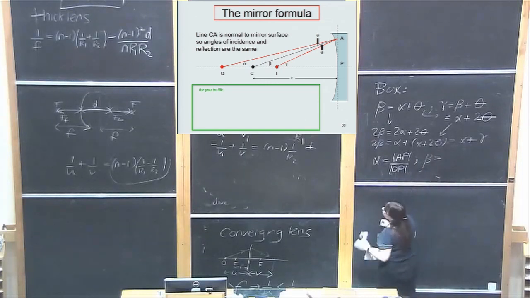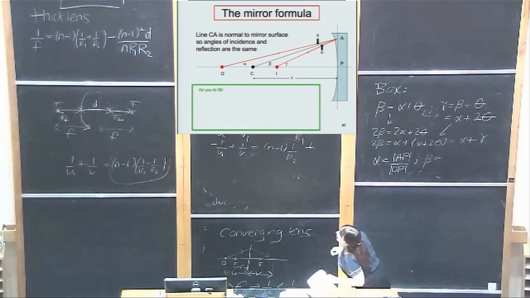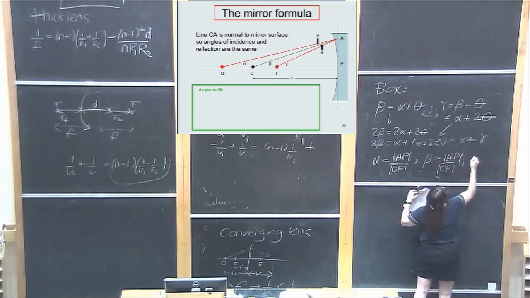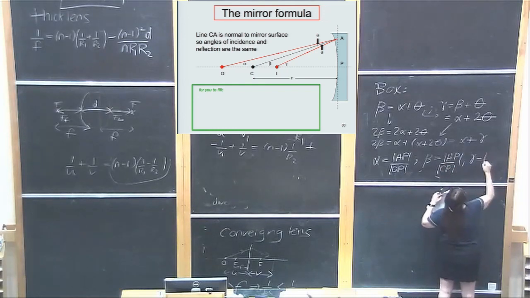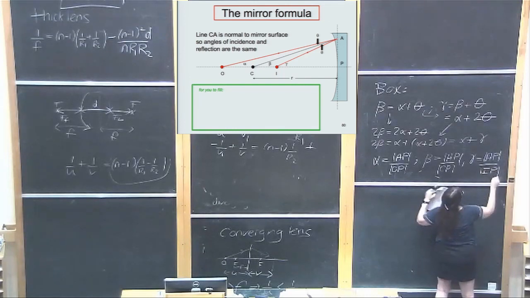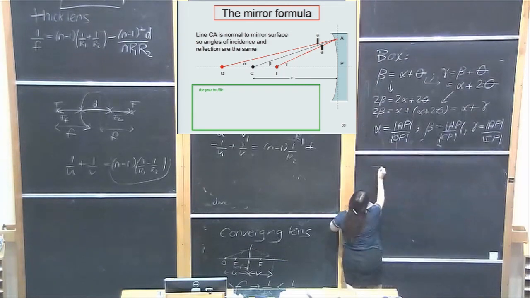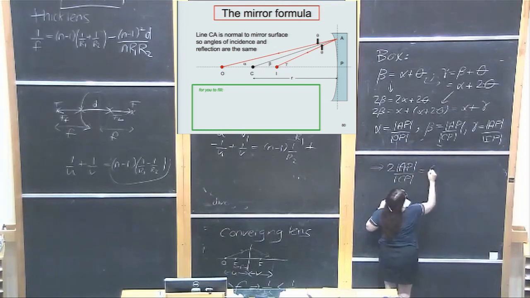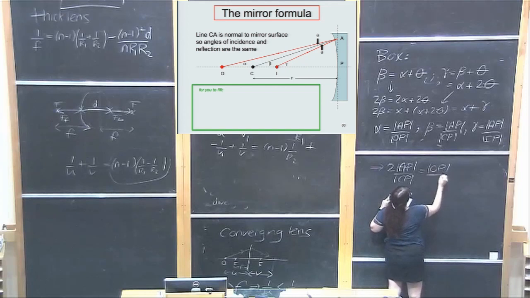Beta equals AP over CP, and I'm running out of room, but try and squeeze it in, and gamma equals AP over IP. Okay, so let's substitute that into what we've got. So we've got two lots of AP over CP equals OP. Oh no, it doesn't. Oh, sorry. Right.